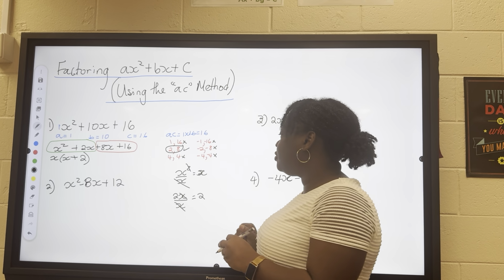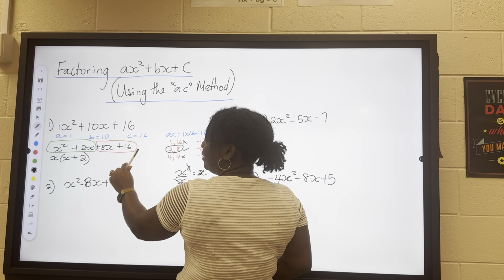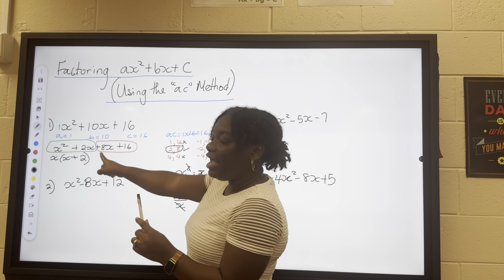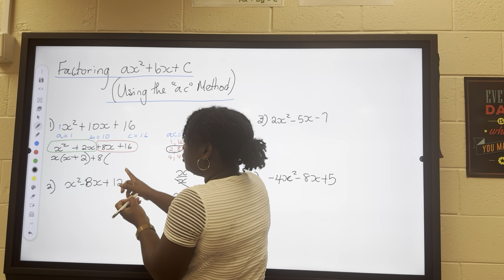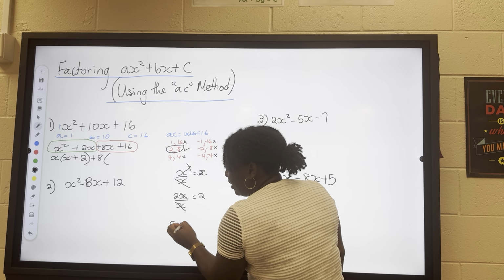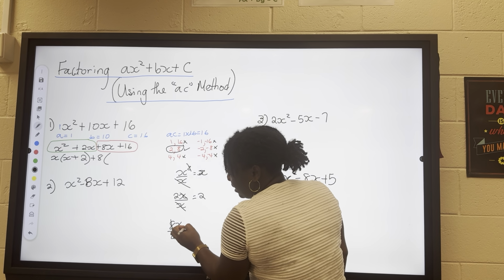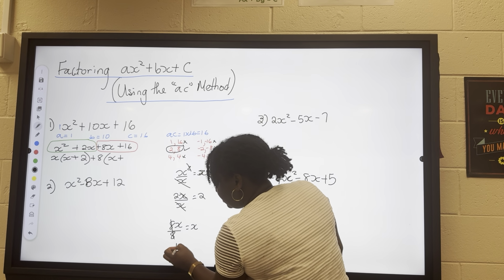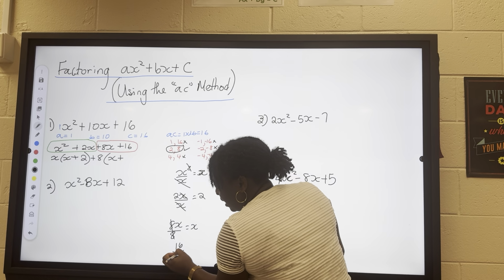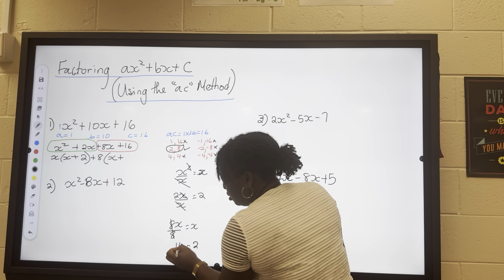Let's go to the next group. I'm now going to find something that can go into both. I can factor out 8. So 8x divided by 8 is just going to leave x, and then 16 divided by 8 is going to be 2.